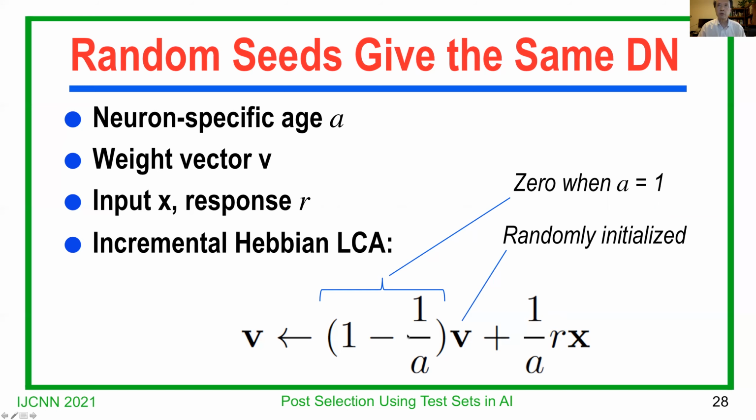And so the initial V will only determine which neuron wins, but will not affect the final network that is learned.